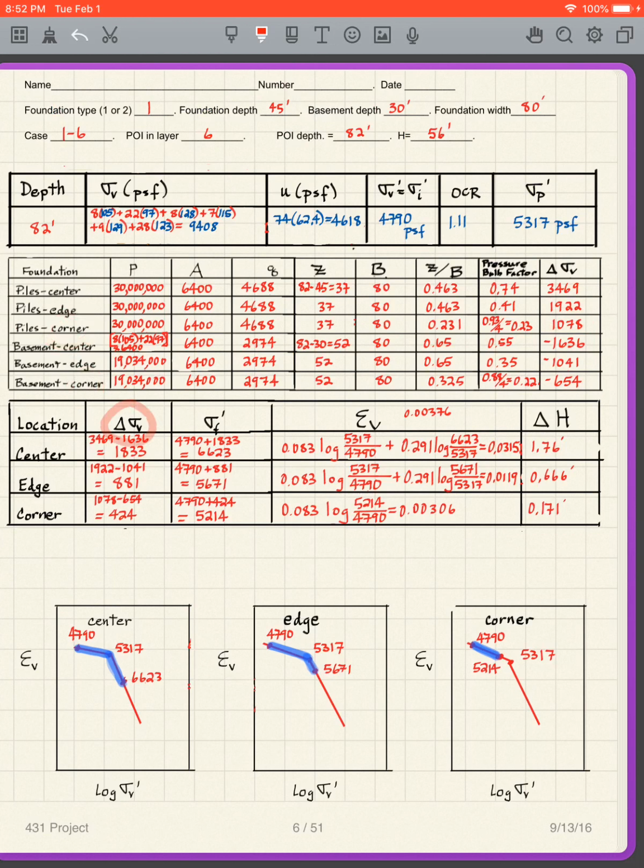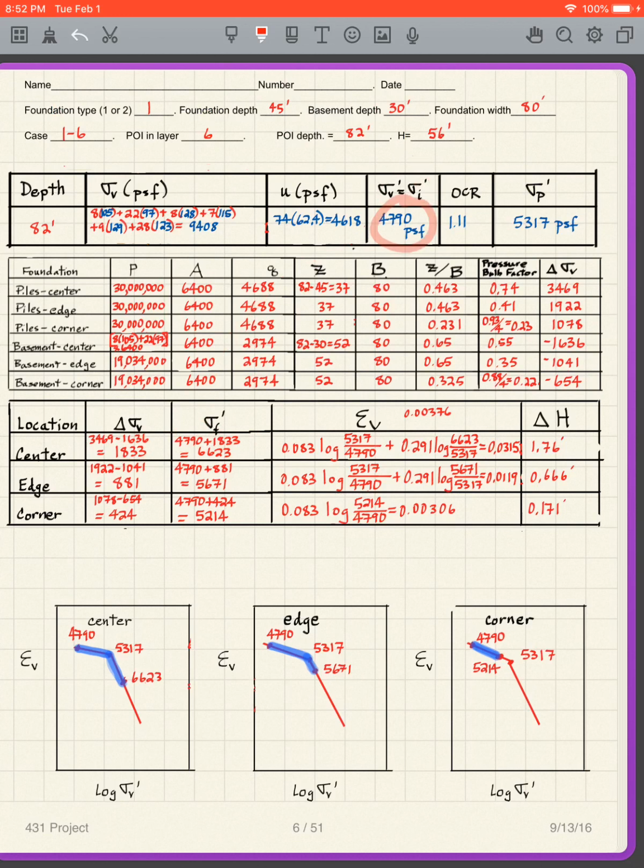That gives me my delta sigma V. And then I have my sigma prime I here. So I take my sigma prime I plus my delta sigma V, gives me that value.